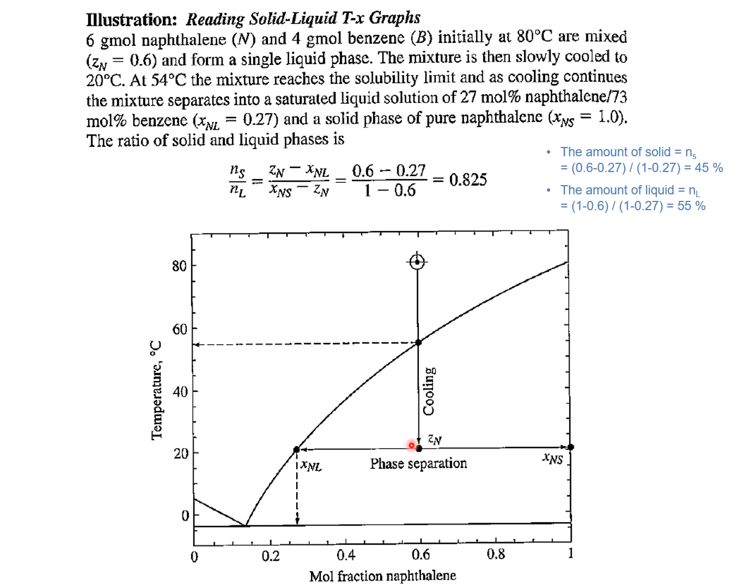So let me try to calculate the amount plus the mole fraction for each phase. This point is split into 2 points at 20 Celsius degree. One is going to here on the solubility curve of naphthalene in benzene.